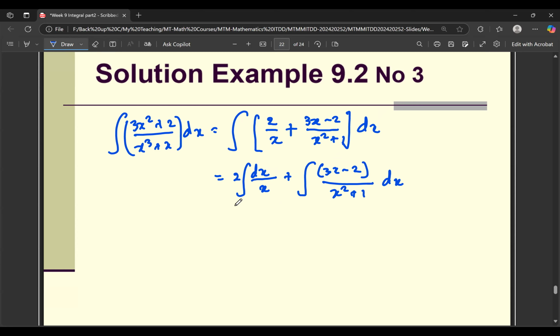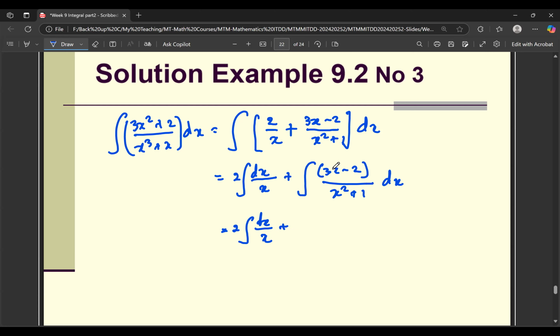So we still have some problem here. Maybe we can split this. The first one is okay, it's not a problem because we know that this is the natural logarithm of x. But we still write it in place.